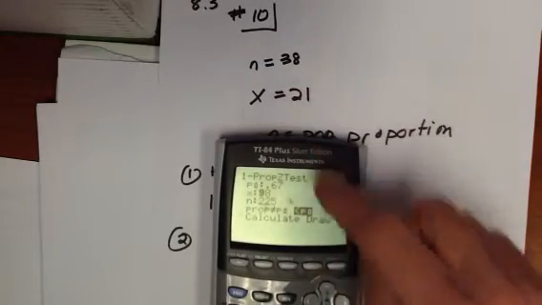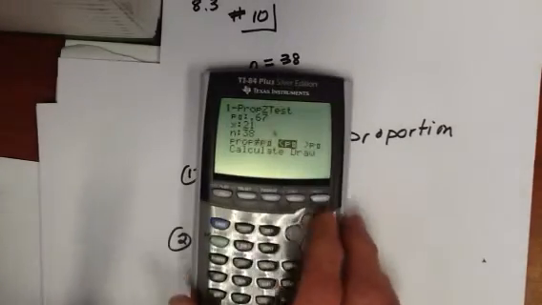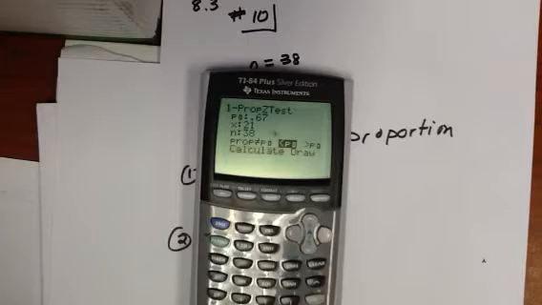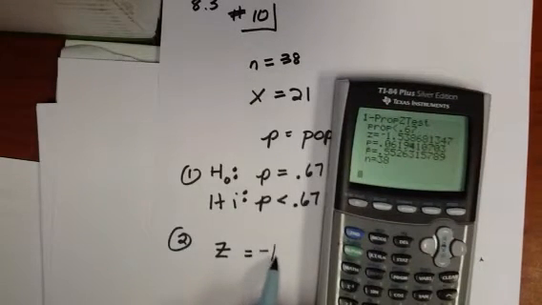Our x is 21. Enter. N is 38. Enter. The alternative is less than, and we hit calculate. We see our z-test statistic is negative 1.54.